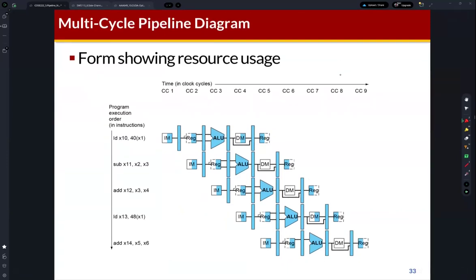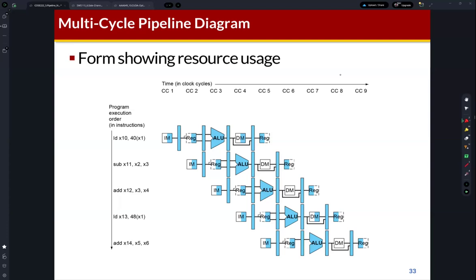We can represent how instructions are executed in the pipeline architecture. In this figure, you can find the time. We can represent the time of this pipeline architecture using clock cycles. This is because CPUs are also digital systems, and I mentioned that all digital systems work with clock signals.